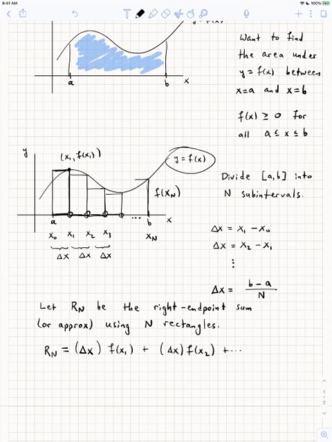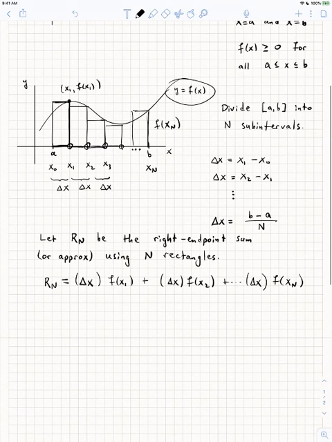So that's going to be delta x times f of x sub n. Generally, we factor out the delta x, so we can write this as f of x sub 1 plus f of x sub 2, and so on until we get to the last one, f of x sub n. And all of this is multiplied by delta x.